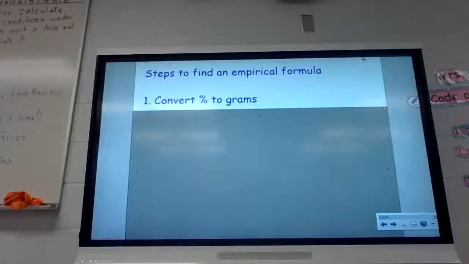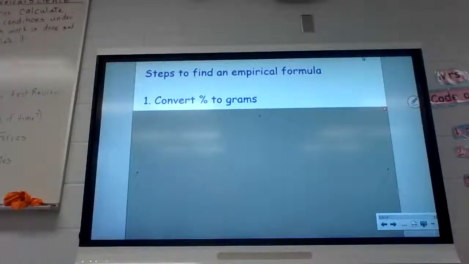Alright, so we're going to talk about the steps to find empirical formula. Now, the first step is sort of optional because it depends on how the problem is given to us. Some of the problems will be given to us in percents, and we will have to change it to grams. Some will already be in grams, and we will be able to skip step 1.